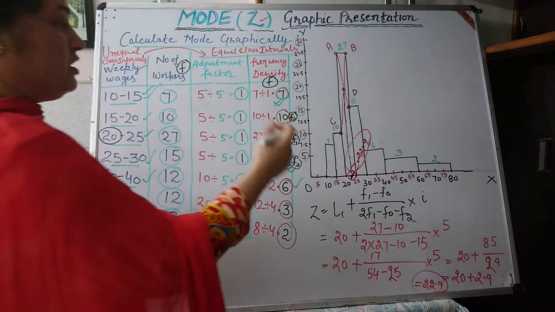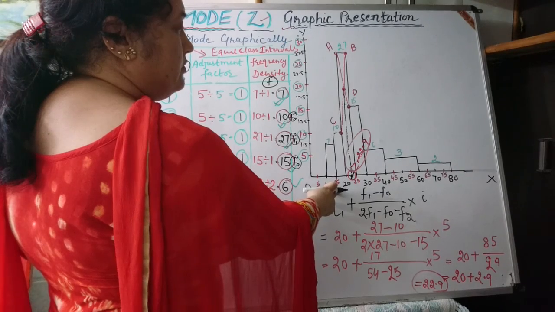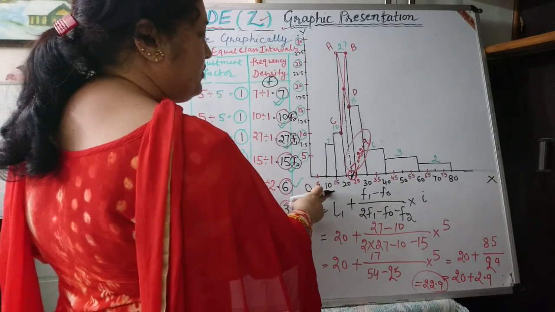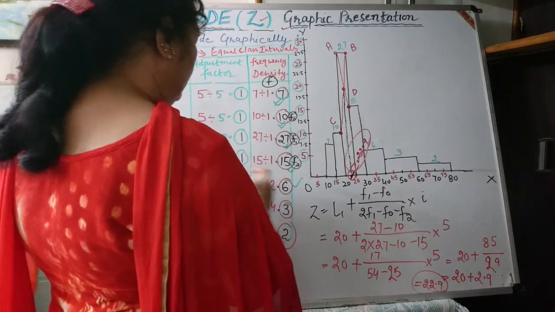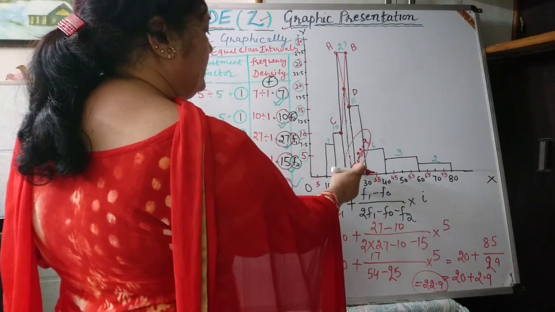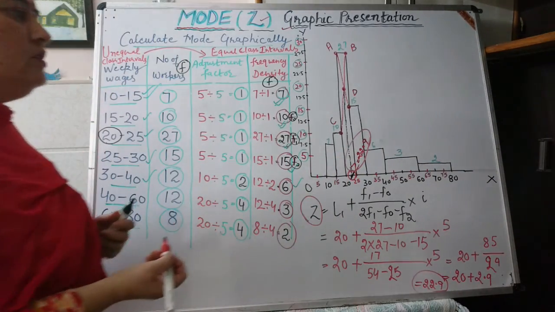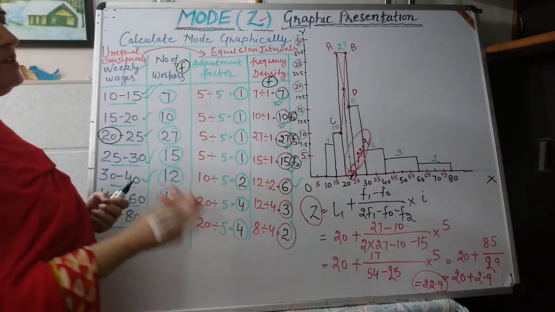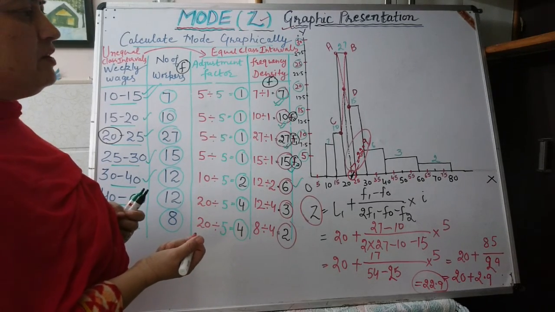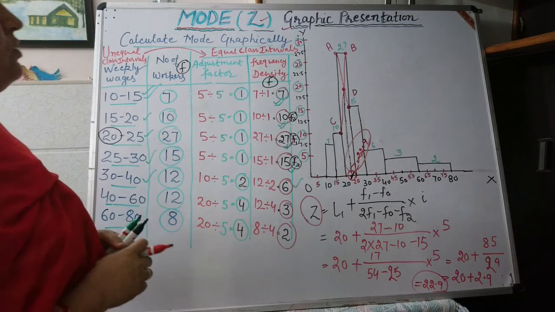And because we are computing mode freehand, we are not using graph paper, so we apply the formula so that we can calculate the exact value, which is 22.9. Otherwise we can't compute the exact value if we are preparing the mode freehand.